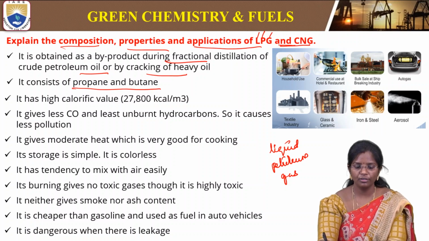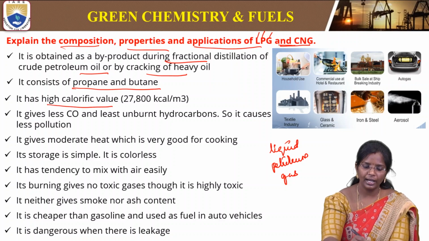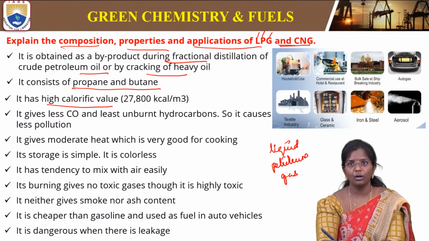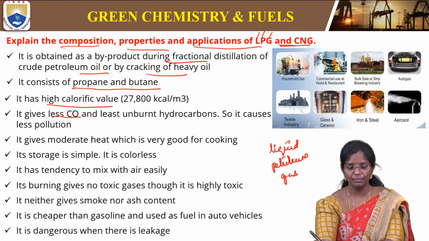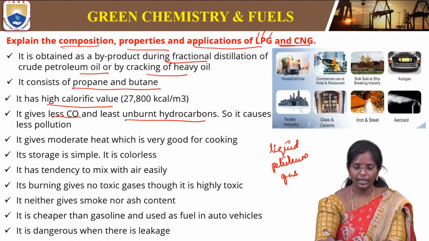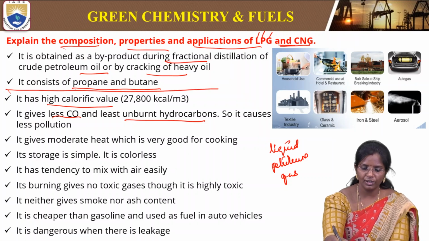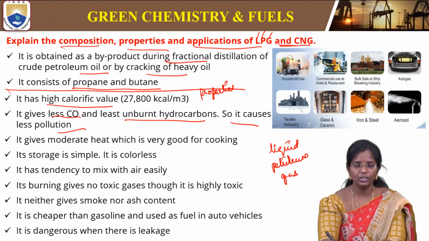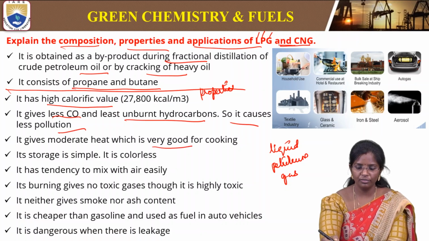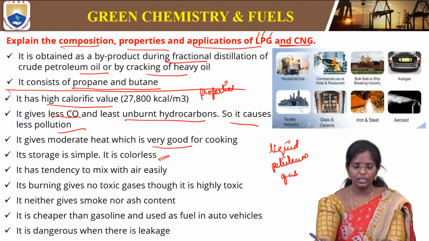It is a constituent of propane and butane, has a higher calorific value of 27,000 kilocalories per cubic meter and gives less carbon dioxide and unburned hydrocarbons. So these are the characteristics. Now the properties of this LPG. It causes less pollution, moderate heat which is good for cooking, and storage is simple.